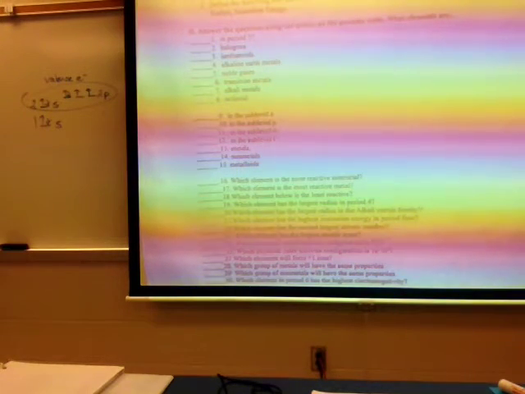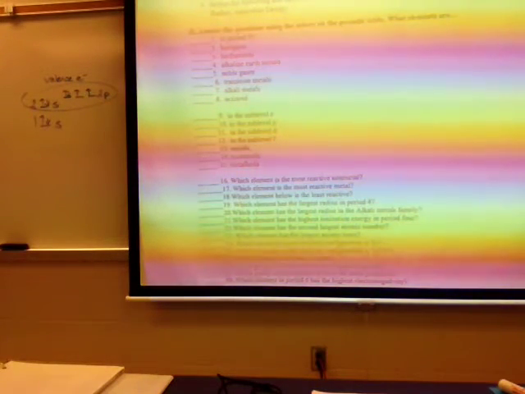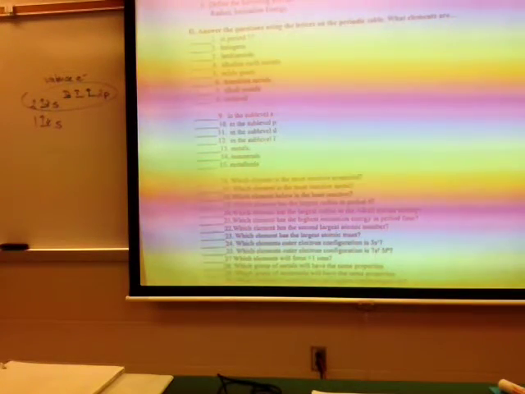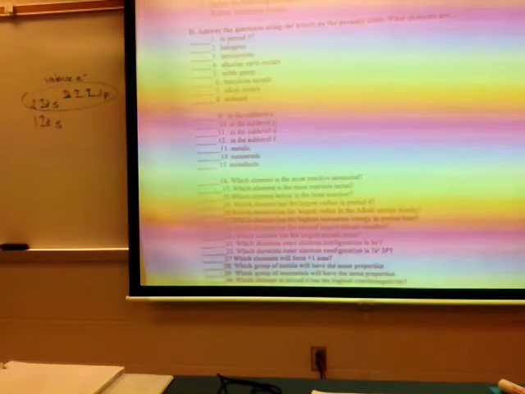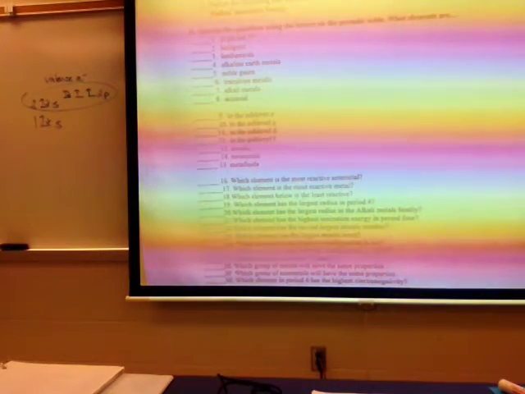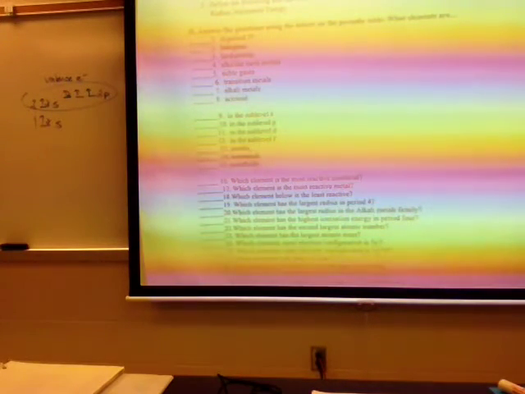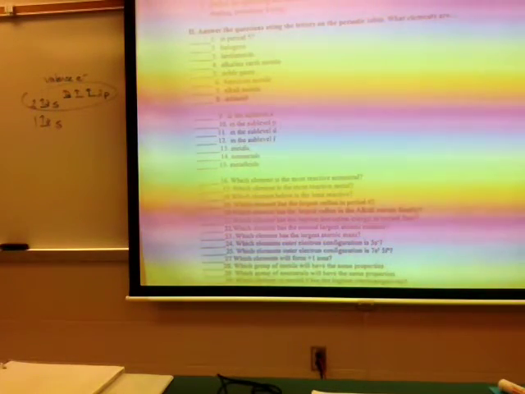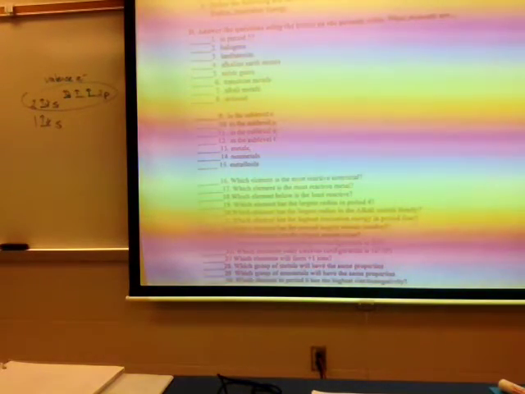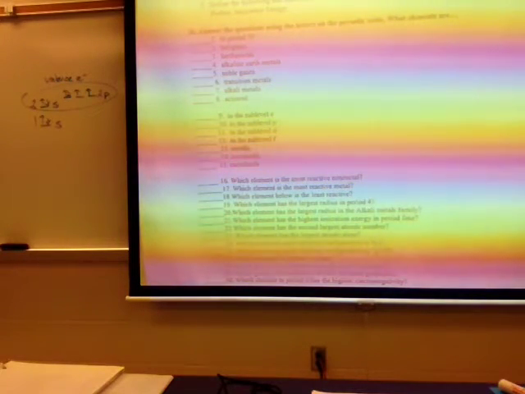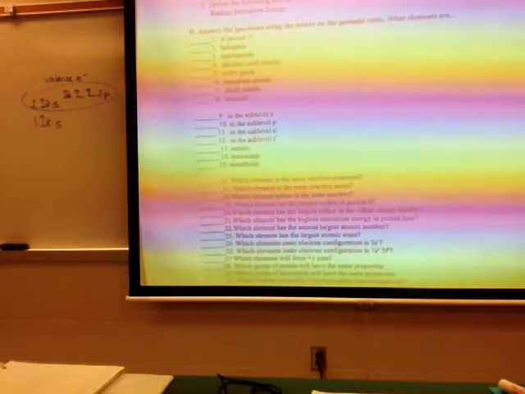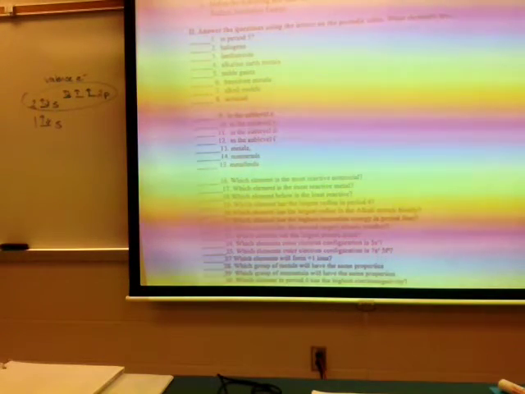So then, which elements are your halogens? R and F. It's going to be that column 17. Group 17. Where are your lanthanides? It's the top row, right? So what letters are lanthanides?